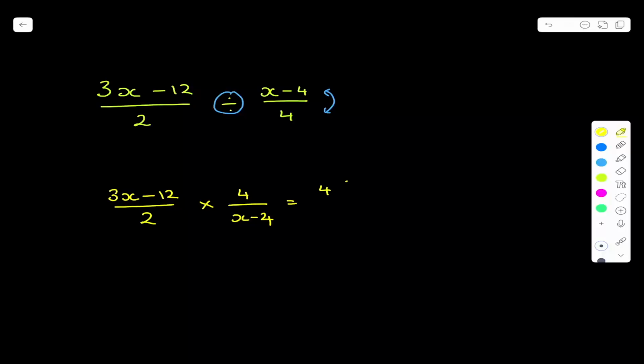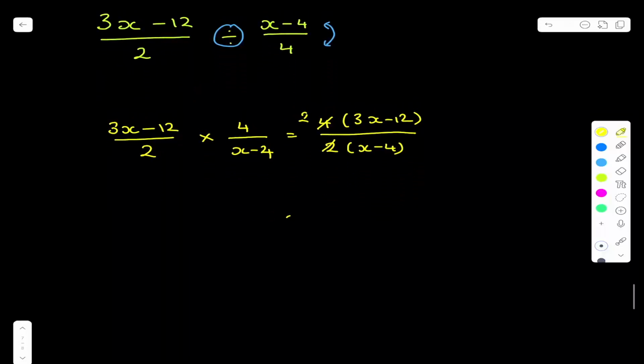So 4 times 3x minus 12 over bottom times bottom. So 2 times x minus 4. The 4 and the 2 can simplify to just 2. So you're left with 2 times 3x minus 12 on x minus 4.